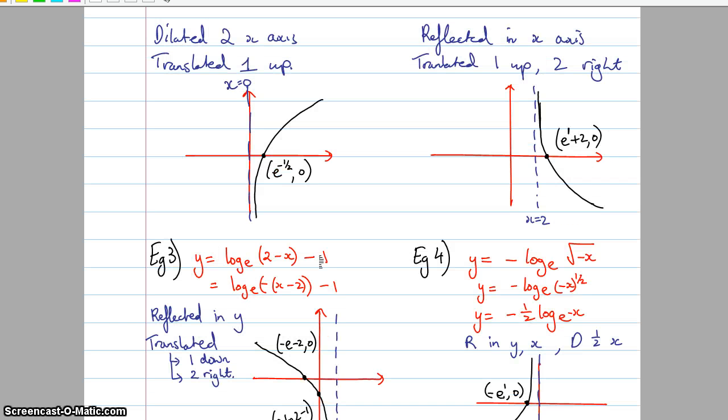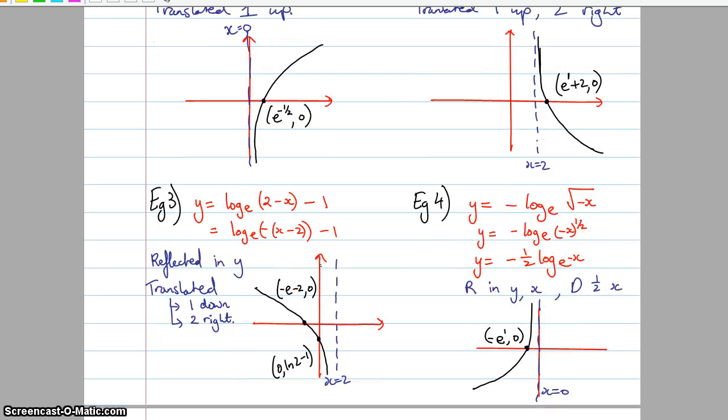For the final example in this group, I've got this one here. I don't know how to draw that one, but I do know how to draw this one here. So I take the negative out as a common factor, which means this one's a reflection in the y-axis because the negative is inside the bracket. It's also been translated 2 units right and 1 unit down. So I put my asymptote in because I know that's x equals 2.